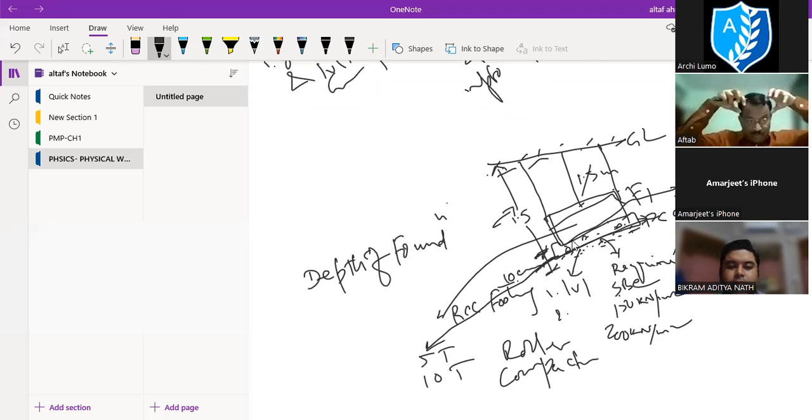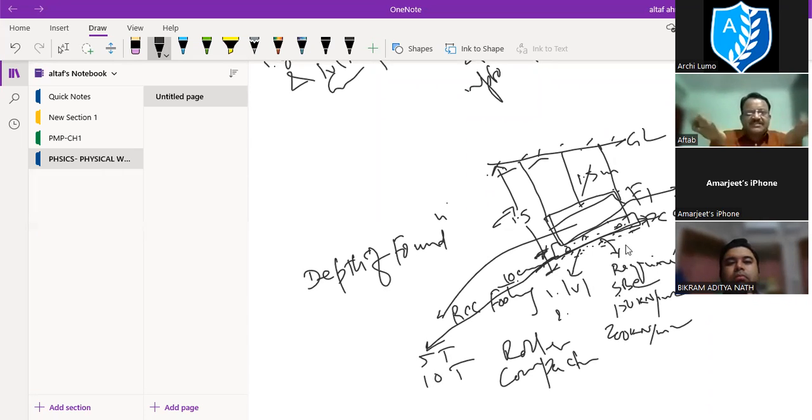So you have to add moisture, which means this 95% compression. Suppose it is 1 meter, you have to compress; if you could compress it 95 centimeters down, then your target of 95% MDD, moisture density, is achieved.